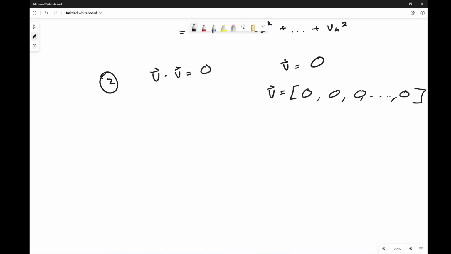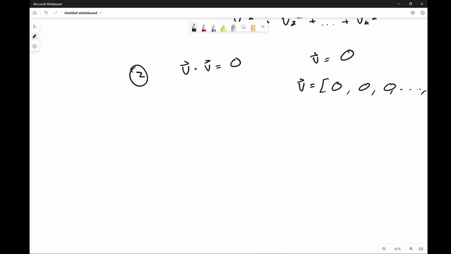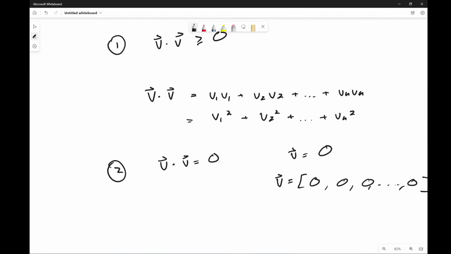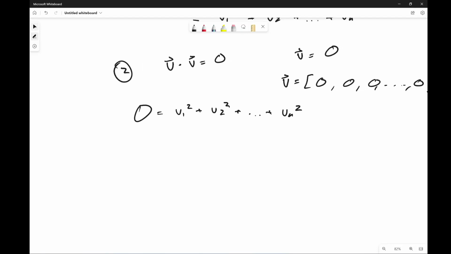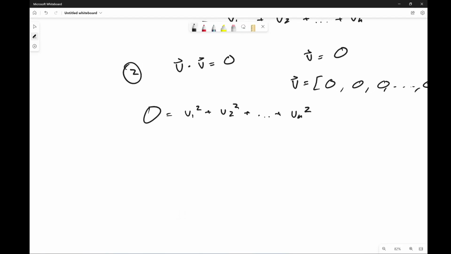So let's prove this. We have V dot V is equal to 0. So V dot V, again, as we did above, is just equal to V1 squared plus V2 squared plus dot dot dot all the way up to Vn squared. So if this product is equal to 0 and all of these are non-negative, then again they all must sum to 0.